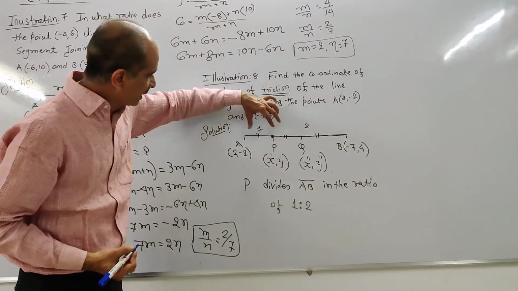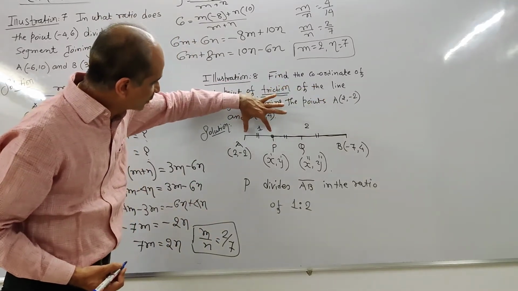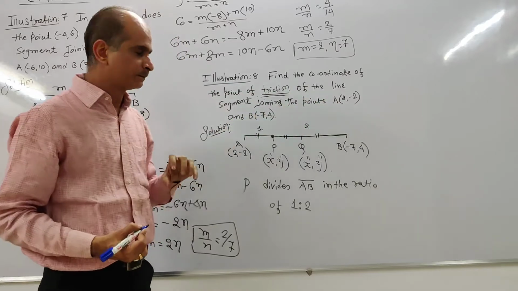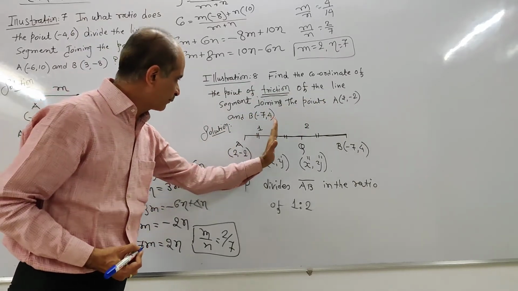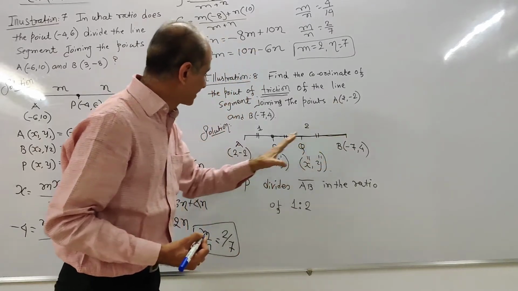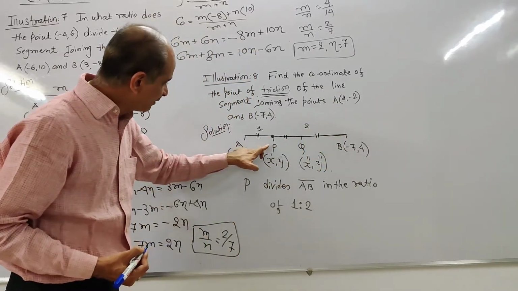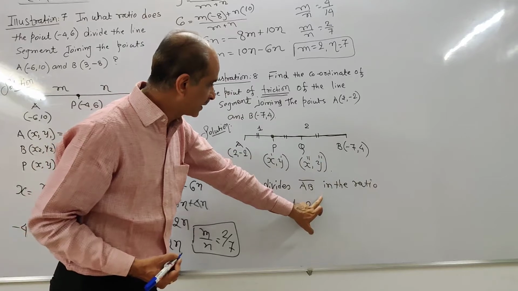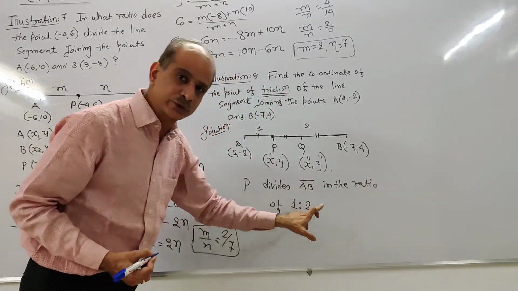Before P there is 1 part, after P there are 2 parts, and that's why you can say P divides line segment AB in the ratio of 1:2.